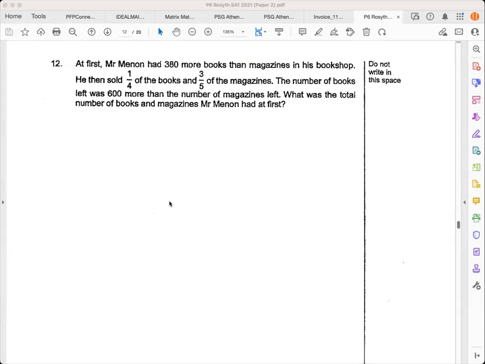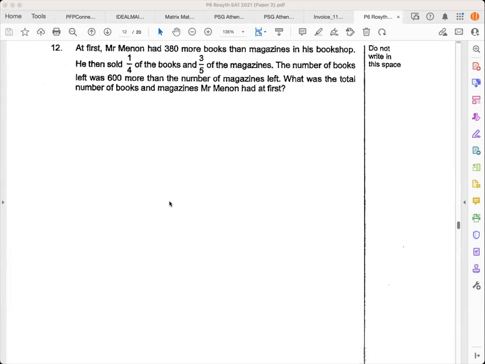The number of books left was 600 more than the number of magazines left. What was the total number of books and magazines Mr. Menon had at first? So let's read this. Whenever there is a quantity difference, you draw a model. Okay, so books to magazines.